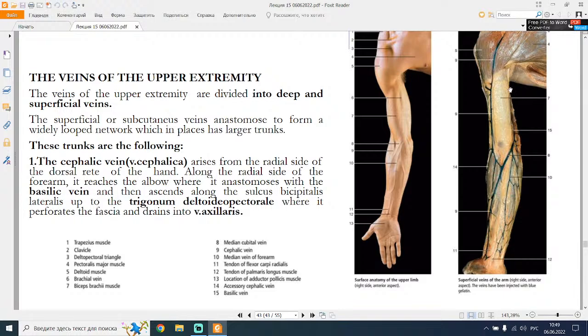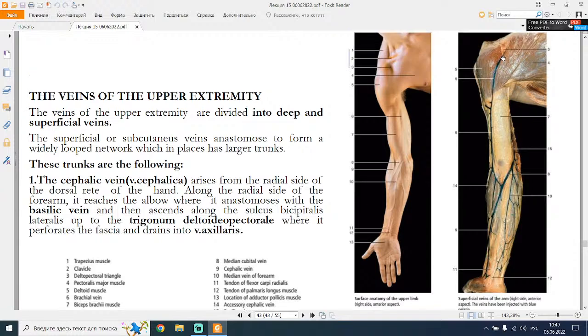And then it ascends along the sulcus bicipitalis lateralis up to the trigonum deltoideopectorale, where it perforates the fascia and drains into vena axillaris.